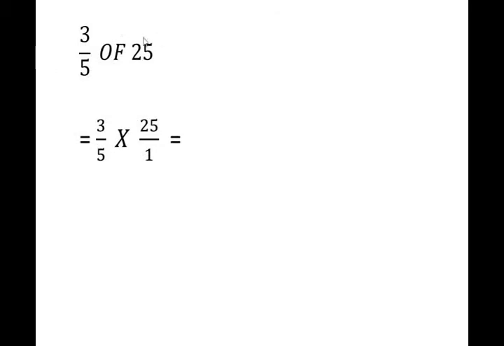Whenever you have a whole number and you rewrite it over a denominator of 1, it still remains a whole number, but it is written in the form of a fraction. Now, what do you think you should do first? You should multiply the numerators with each other and the denominators with each other. 3 times 25 is 75. 5 times 1 is 5. Just remember the "of" is a command of multiplication in a sum like this.